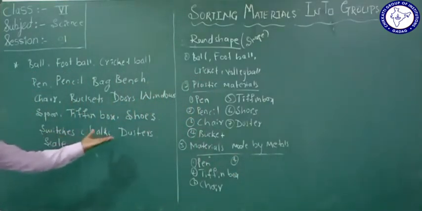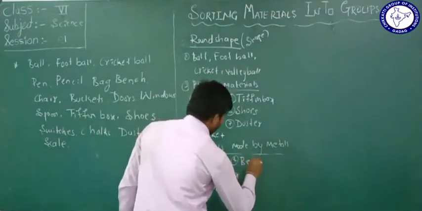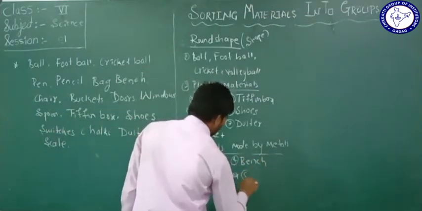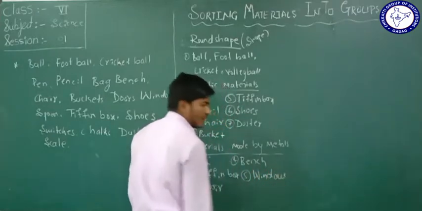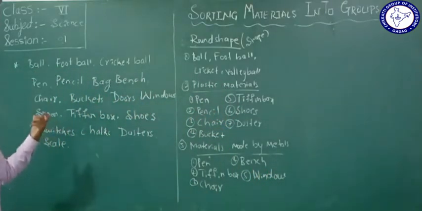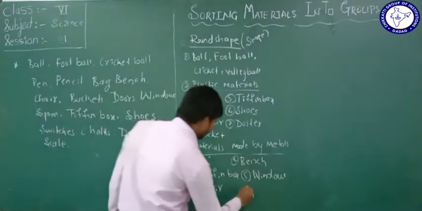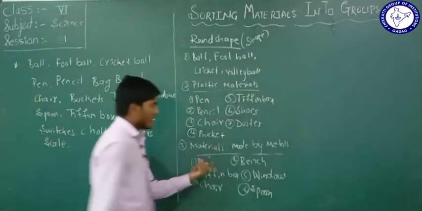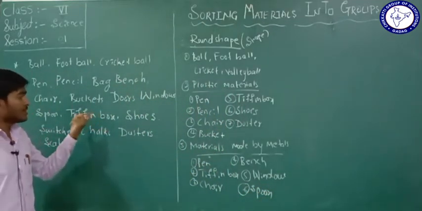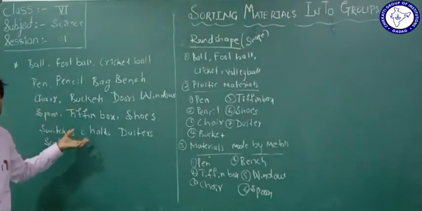Here, see, duster, then benches, window, isn't it? The next, yes, spoon. These are the materials which are made of metals. I am grouping the materials which are made of metals.